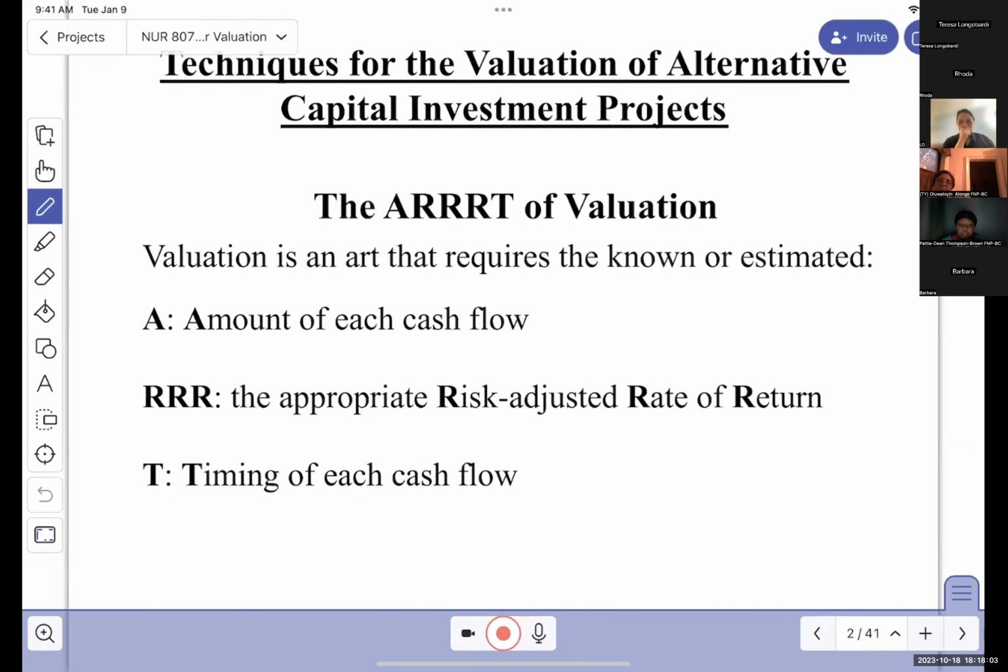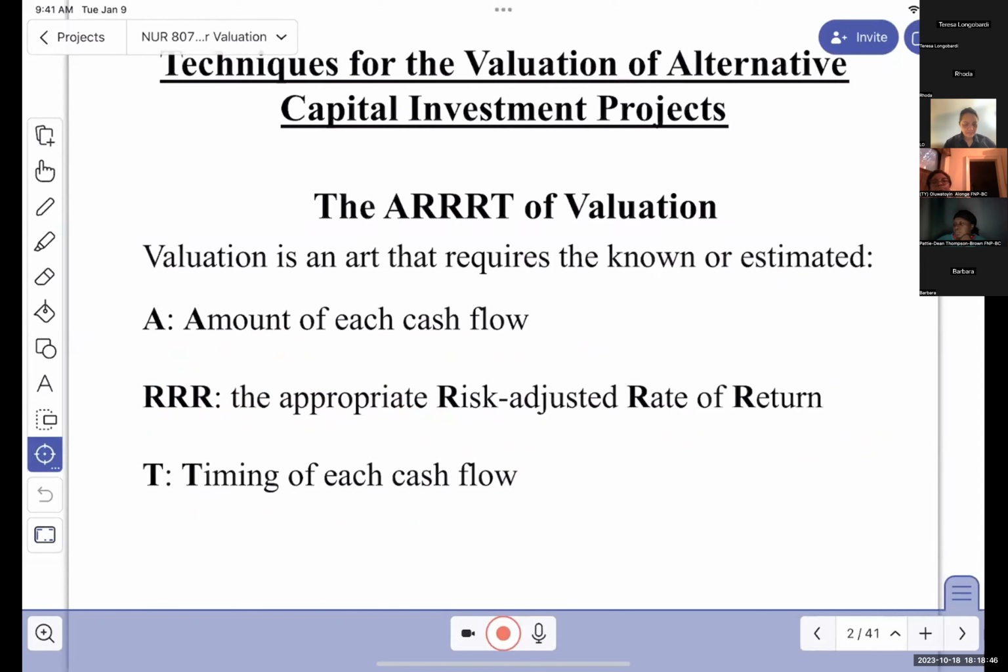You could use previous experience, or you can inquire what other departments experience. So you're using previous information and imagining the amount of each cash flow. You're also coming up with your risk adjusted rate of return, in other words, your interest rate that you're going to use. And you have to be aware of the timing of the cash flows. Your analysis is just as good as your estimates, really. It depends on those.